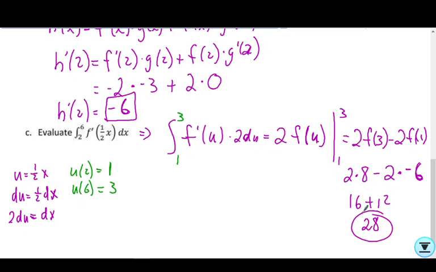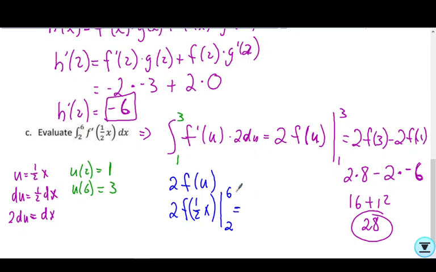Okay. Or if you had done it after, like you had plugged in your u, you could have gotten 2 f of u, and then plugged back in the 1/2 x and evaluated it from 2 to 6, you would have gotten the same thing.